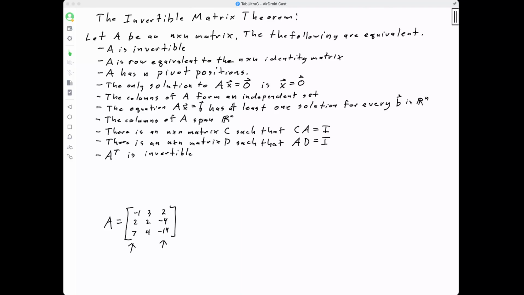So A is not invertible because the columns of A are linearly dependent, not linearly independent. So that's a quick way to tell.